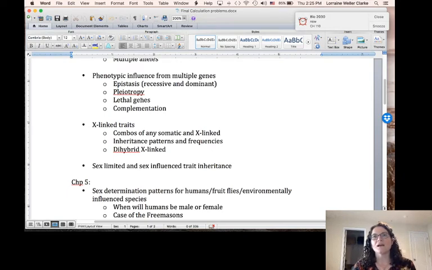So that's sex-limited. Sex-influenced means it works like a dominant in males or a dominant in females, and it works like a recessive in the other sex. That's influenced, not limited. Females can have pattern baldness, but they have to have 2 copies.